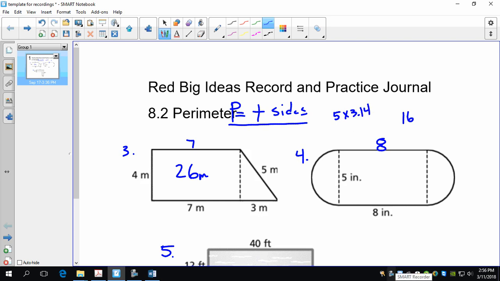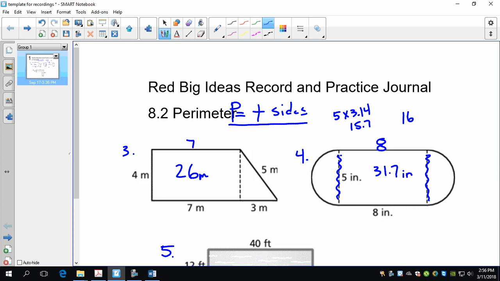So 5 times 3.14 is 15.7, and 15.7 plus 16 would be 31.7, and that is just going to be inches. So we've got the distance all the way around the outside. And remember, we did not count this or this. We only wanted the distance around the outside.